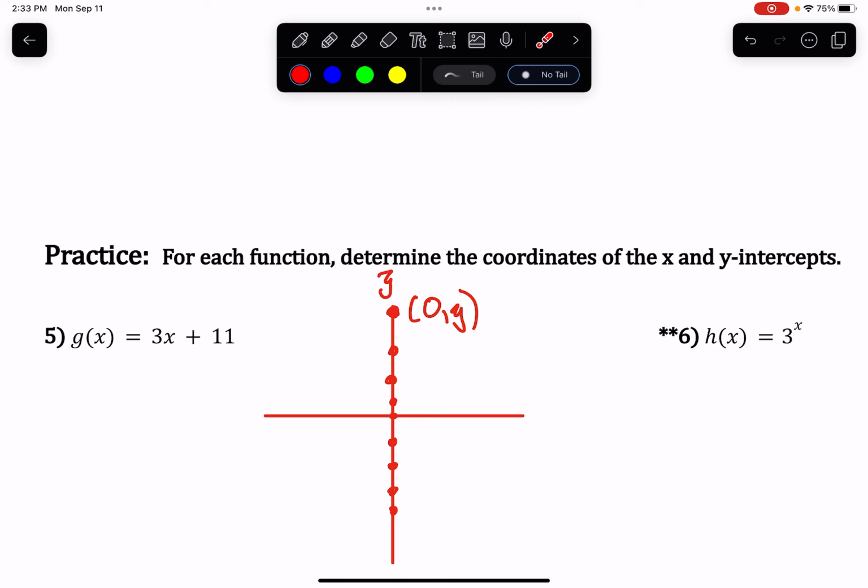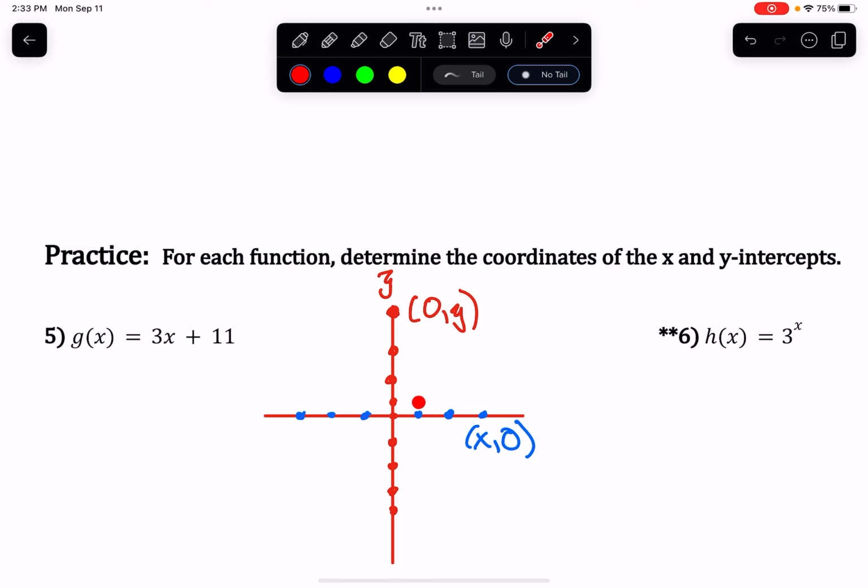By contrast, any point on the x-axis has a y-coordinate of 0. The reason for that is if I want to get to a point that is on the x-axis, I'm moving some distance left or right, but I'm not going up or down.